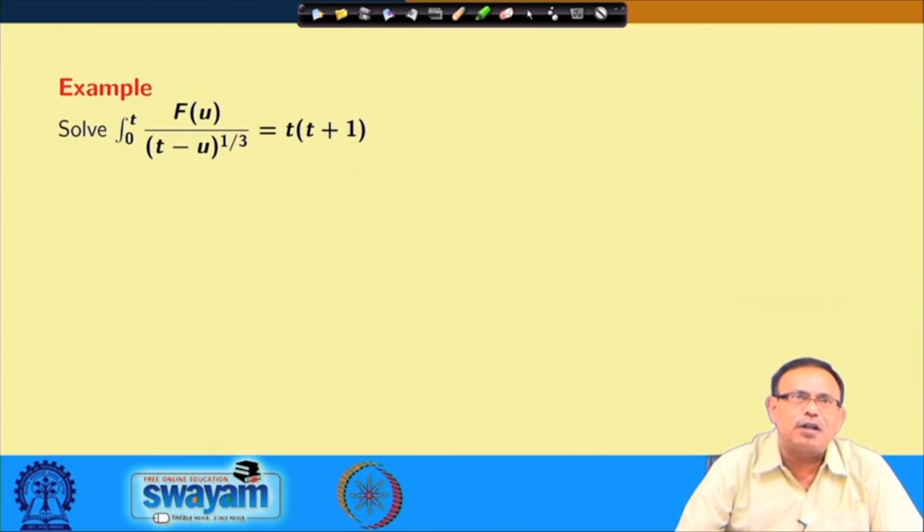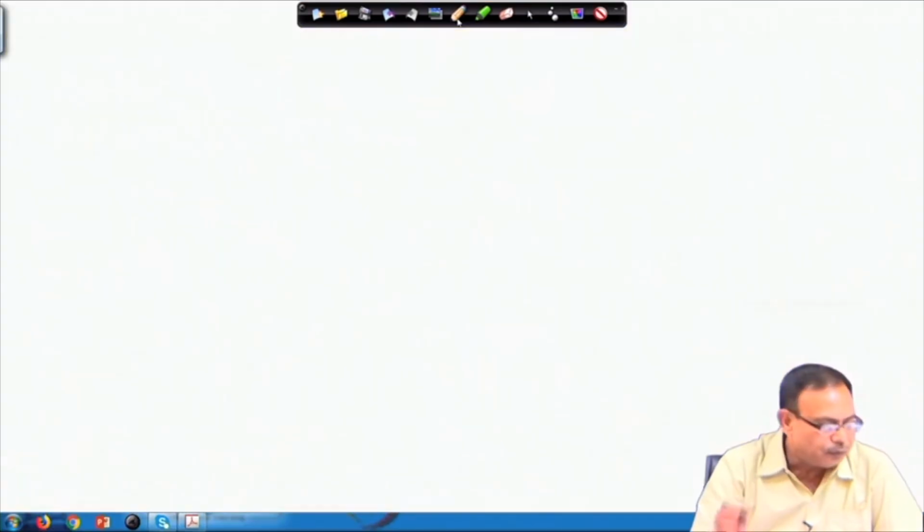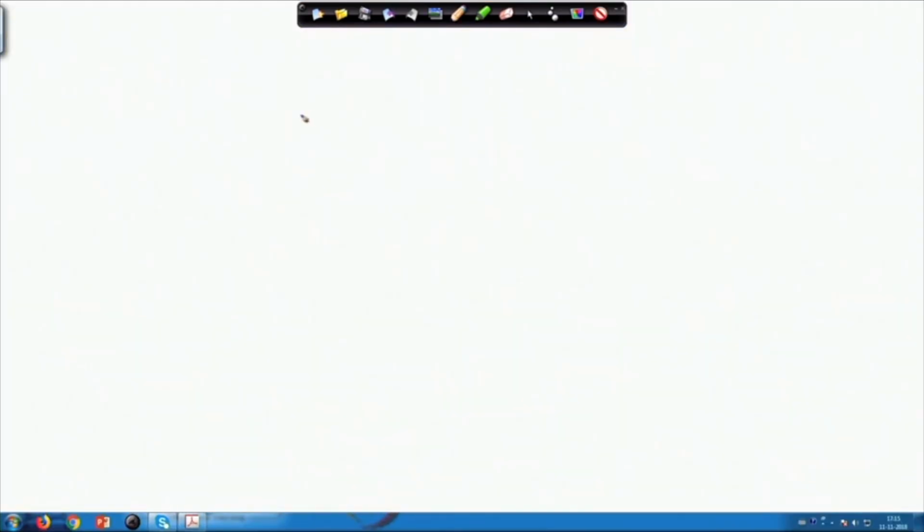Let us take the next example. I want to solve ∫₀ᵗ f(u) by (t−u)^(1/3) du, which equals t(t+1). So, the given integral, your function is like this.